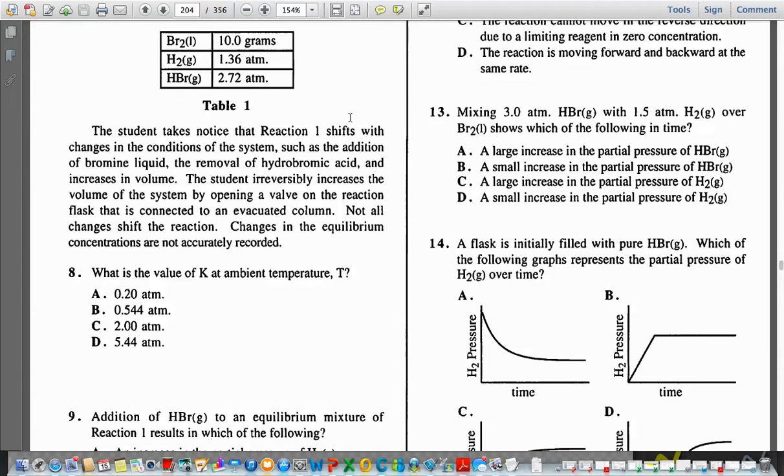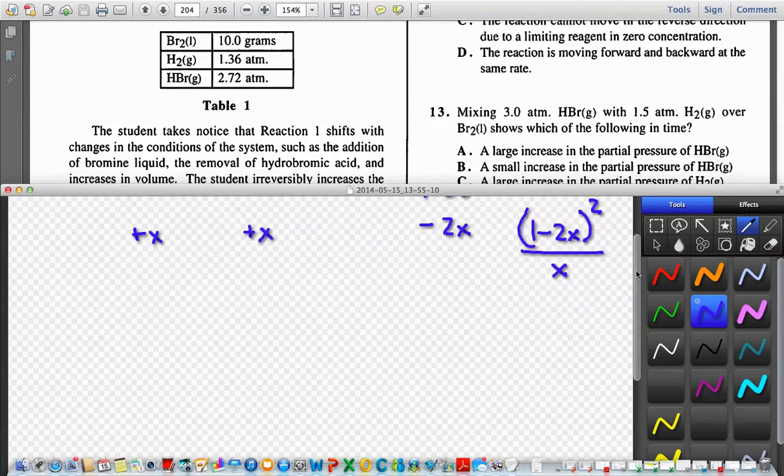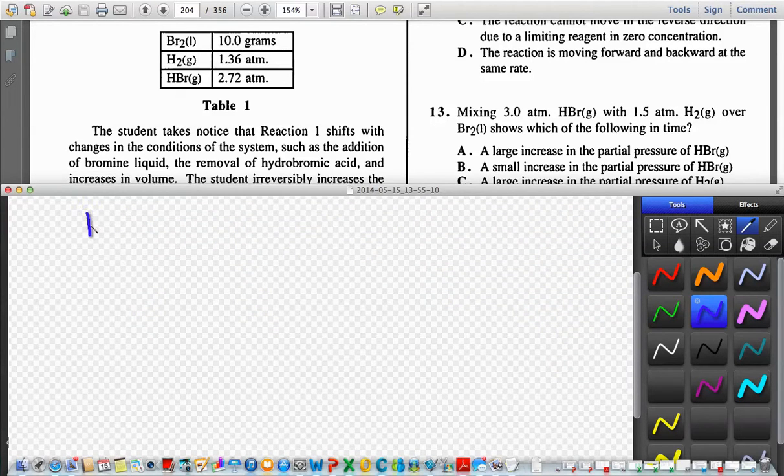mixing 3 atmospheres of HBr with 1.5 atmospheres of H2 over Br2 shows which of the following? H2 plus Br2 yields 2HBr.